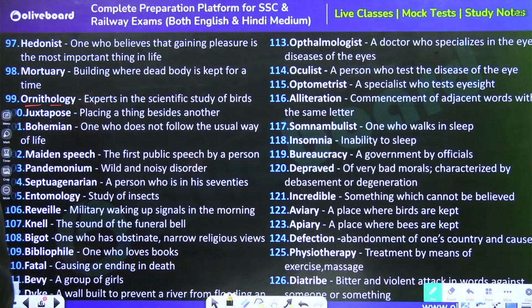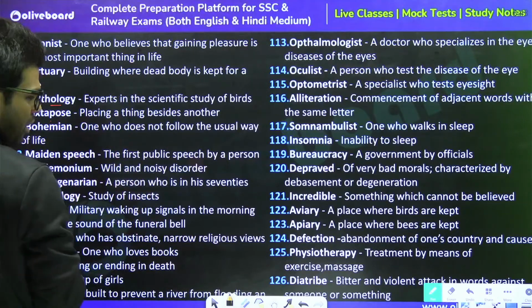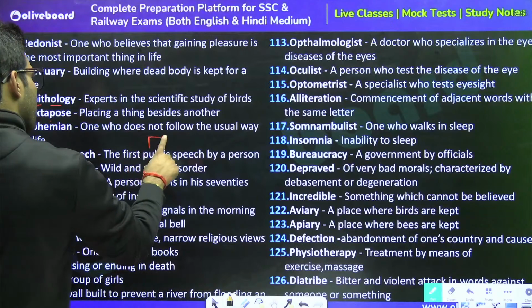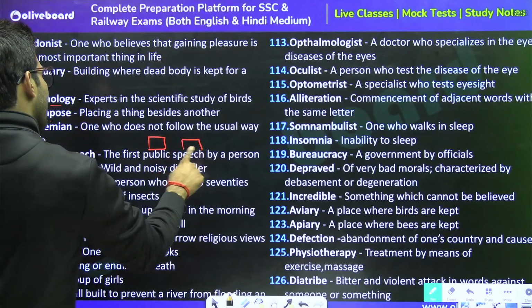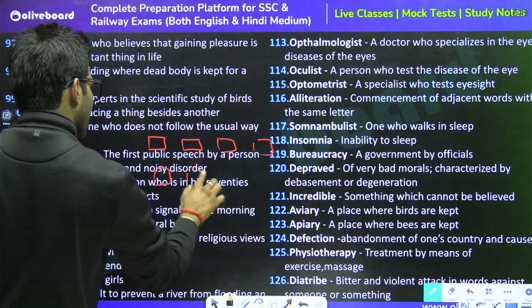Juxtapose, one of my favorites. As per the description, placing a thing beside another. In every shop, whenever you go to a shoe shop or any showroom, they put a shoe and beside that they put another shoe, then another one, here and there.